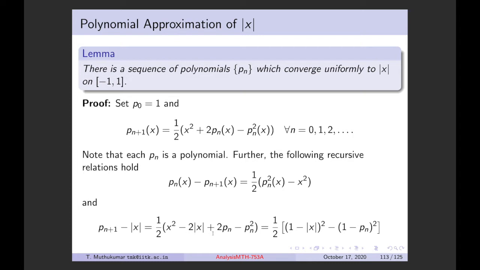So this can be simplified as (1 minus mod x) times (mod x minus p_n) squared. That's the reason why we want to write it in this form. Anyway, we need to approximate this for all n. So we have defined a polynomial sequence, and we have these properties of the sequence that we have chosen.